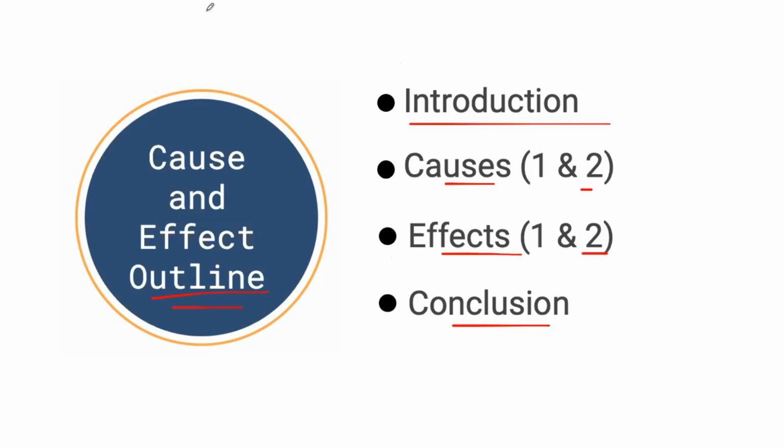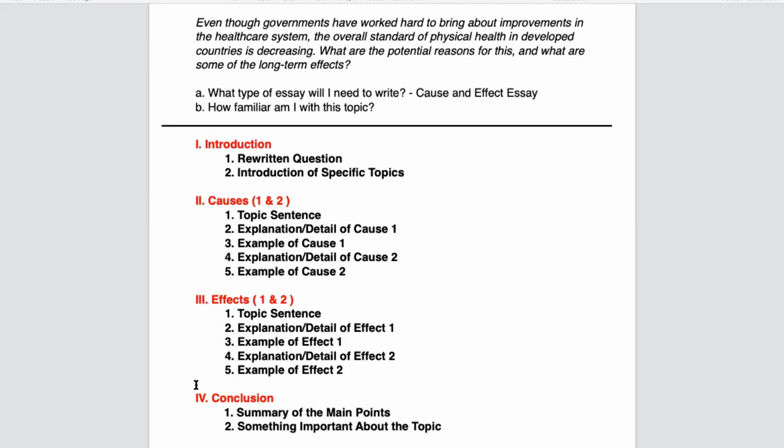Well, let's get started. Okay, now I've written out our outline that I just showed you. So the introduction, the causes 1 and 2, the effects 1 and 2, and the conclusion. I've added the actual sentences and descriptions of the sentences that you'll have to write.